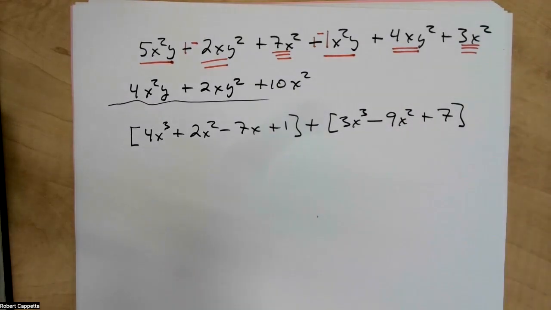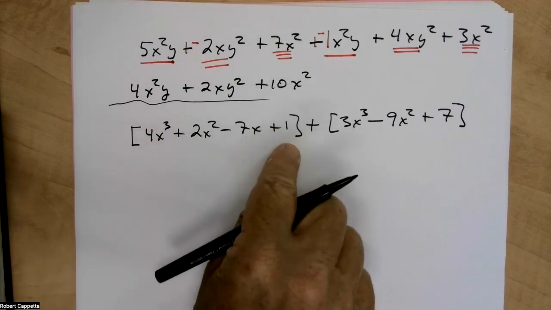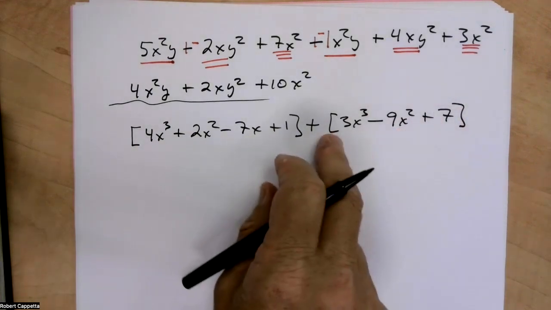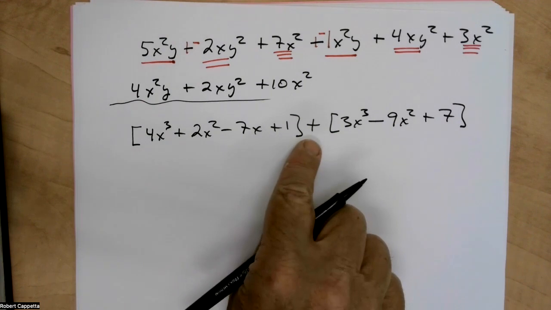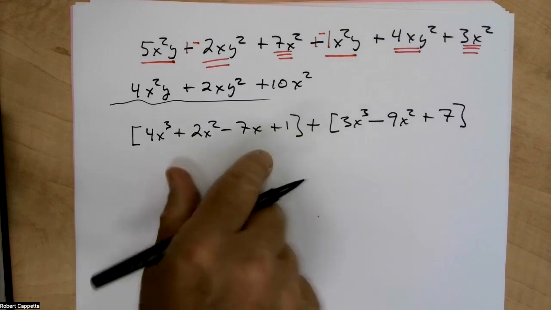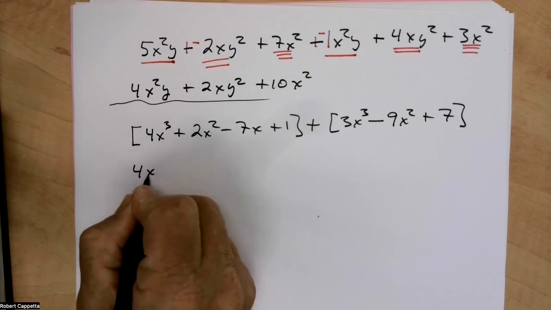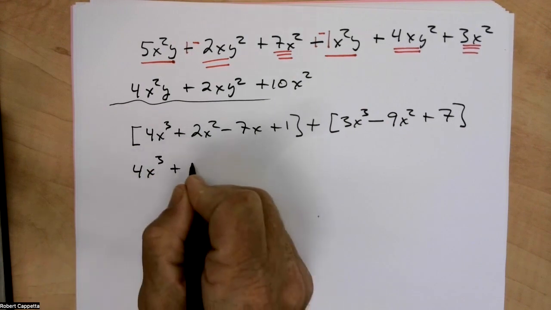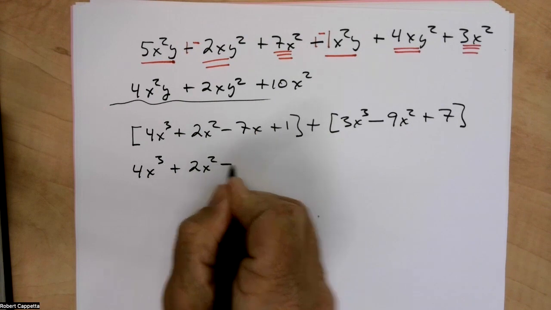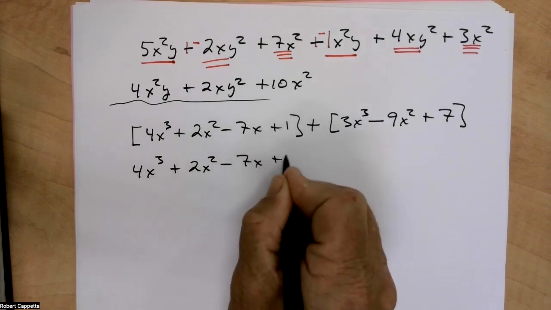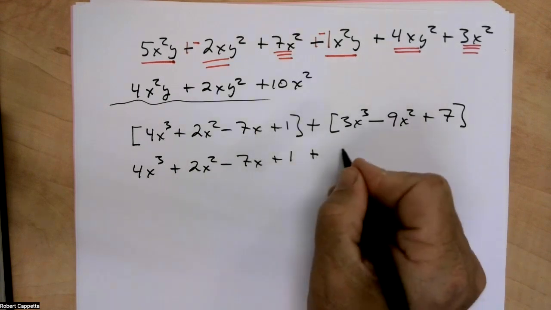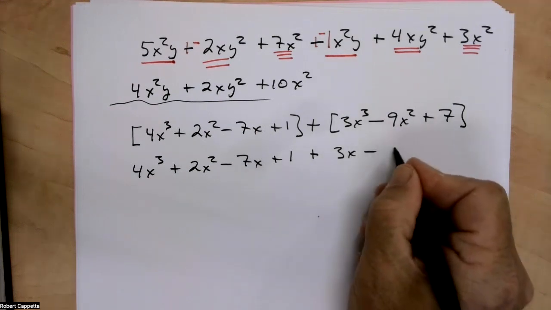So now I have two polynomials with descending powers of x. If there's addition between them, I can just write them without the parentheses. Now, if there's subtraction between them, it's going to be a different story. So if there's addition, I can just add the two pieces together and not worry about the parentheses.